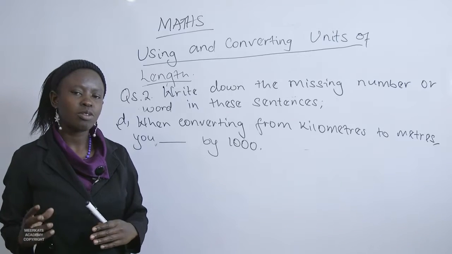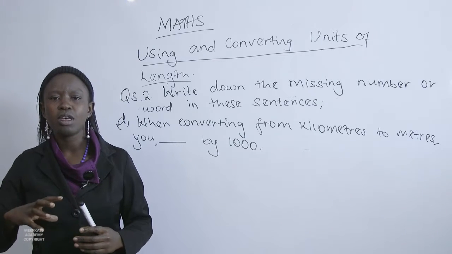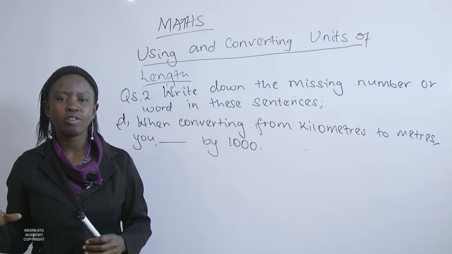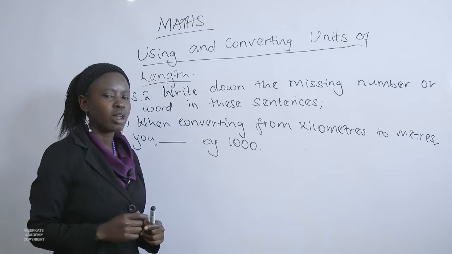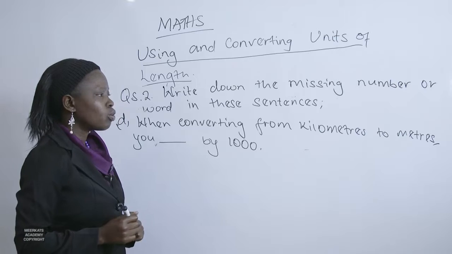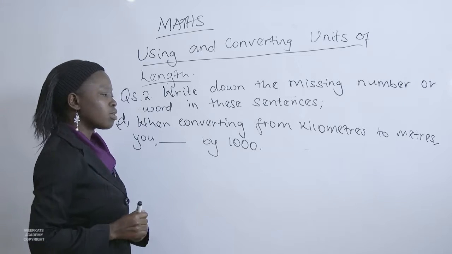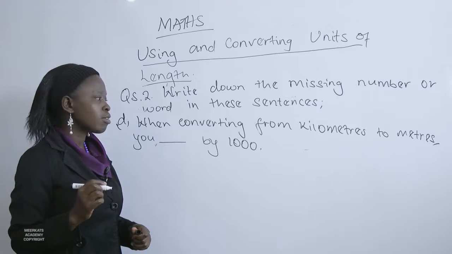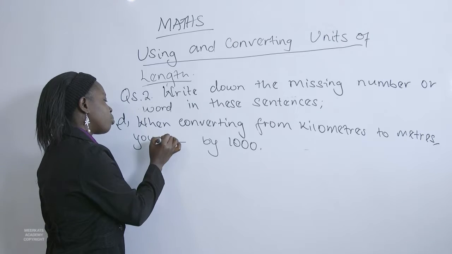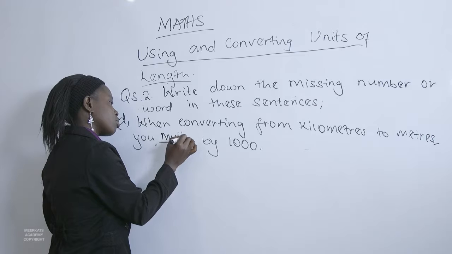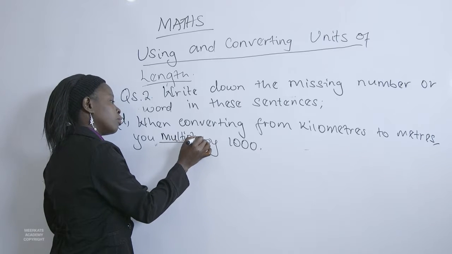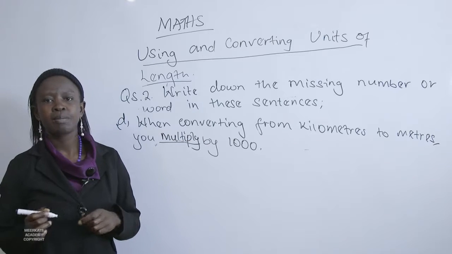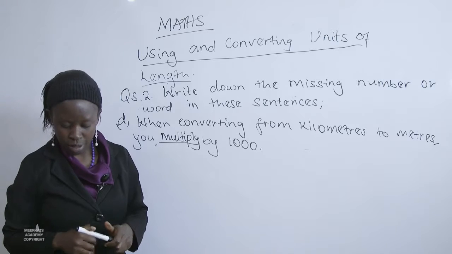So when converting from a larger unit to a smaller unit, for you to get its equivalent value, then we multiply. So the missing word, when converting from kilometers to meters, we multiply by 1,000.